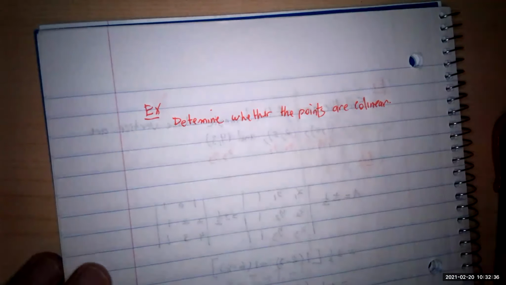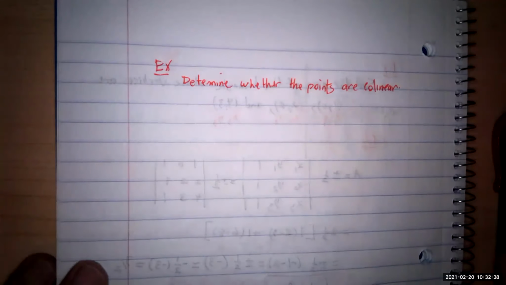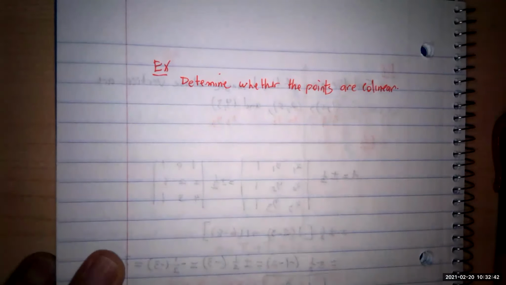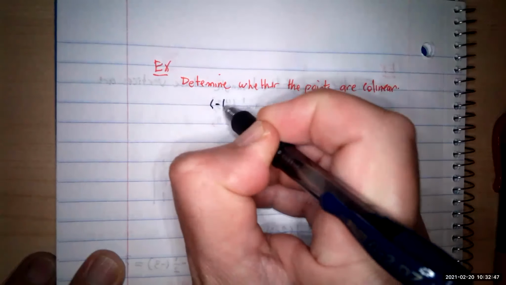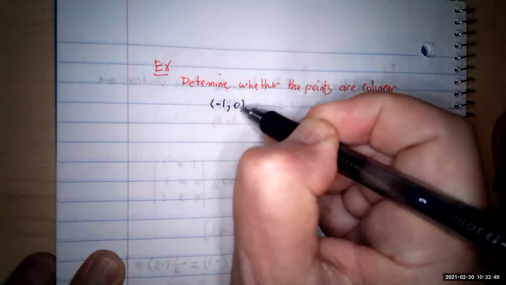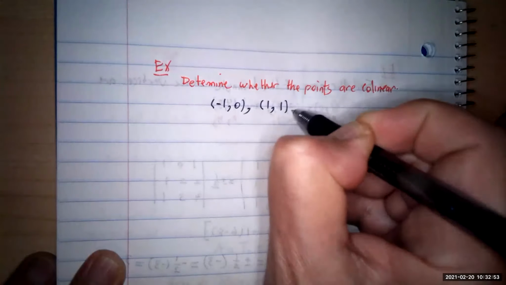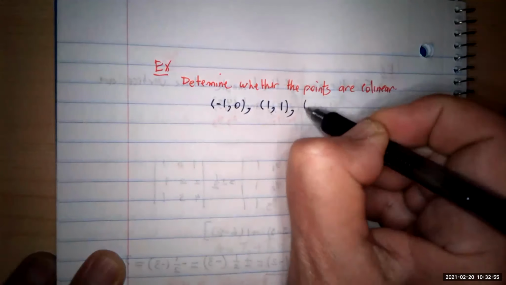That means they are on a straight line. When they are on a straight line, there is no triangle. So just check the area problem. So the points, we check this: -1, 0, 1, 1, and 3, 3.